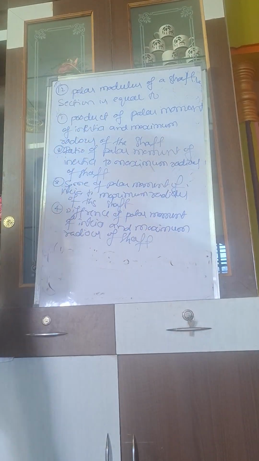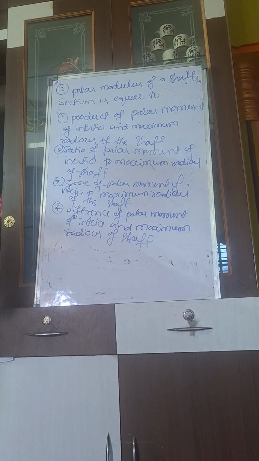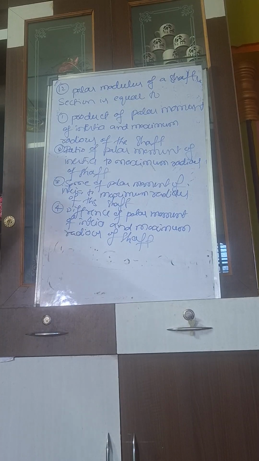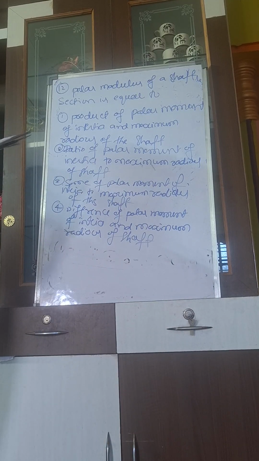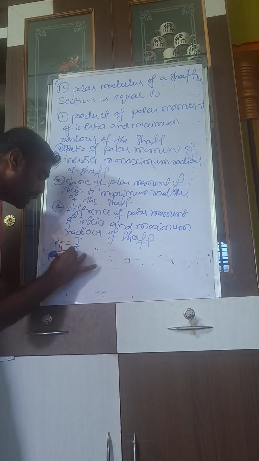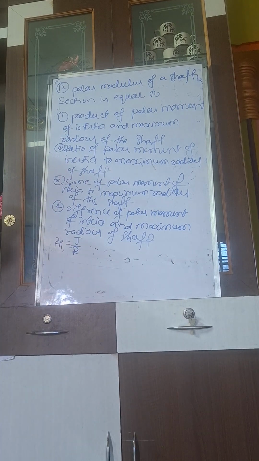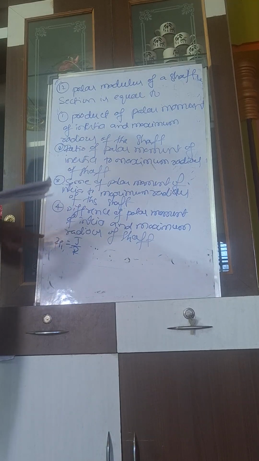Please look here. Polar modulus of shaft section is equal to. See, there are four answers. The formula is Zp equals J by R. Zp means polar modulus.